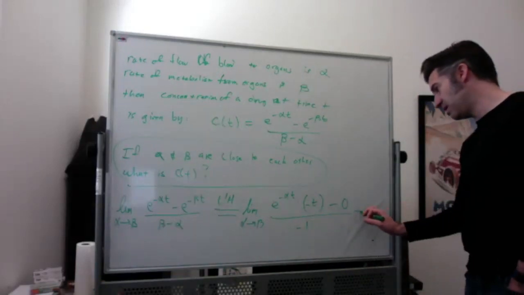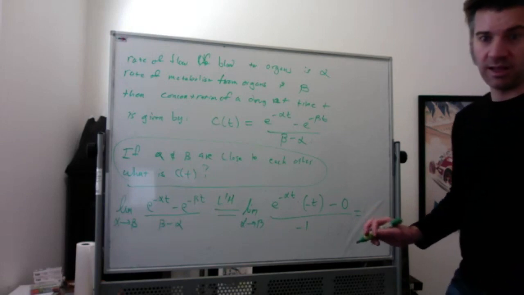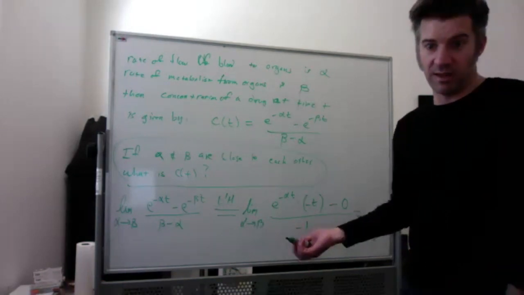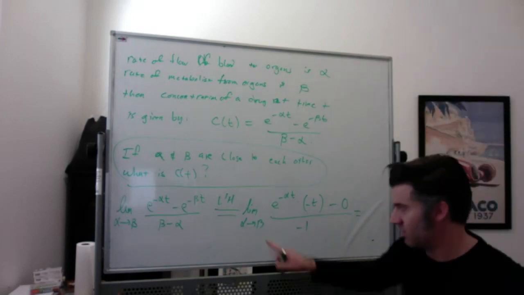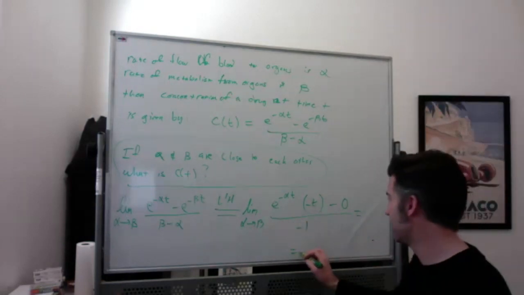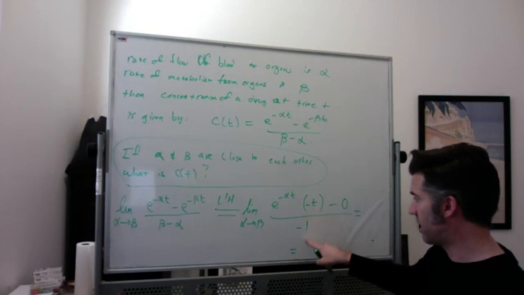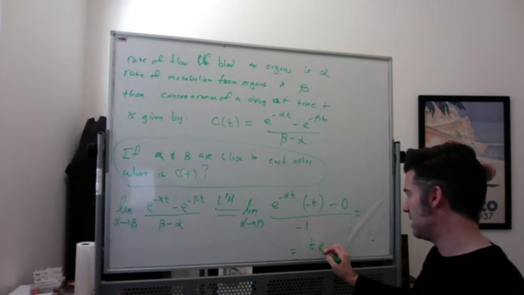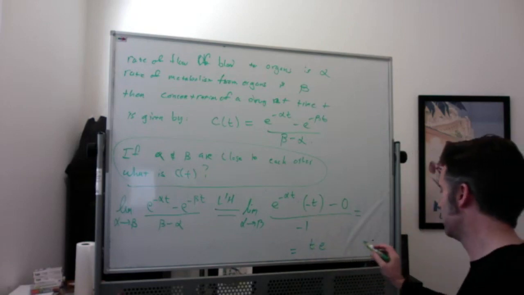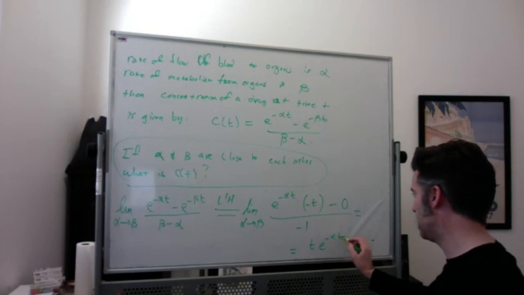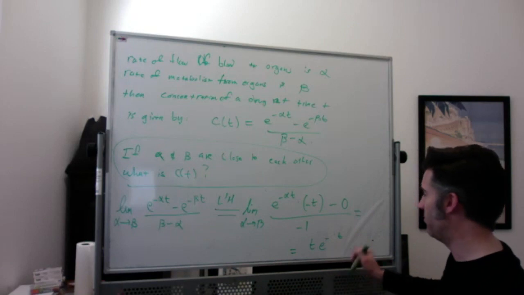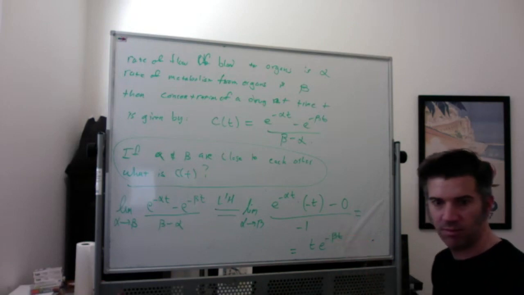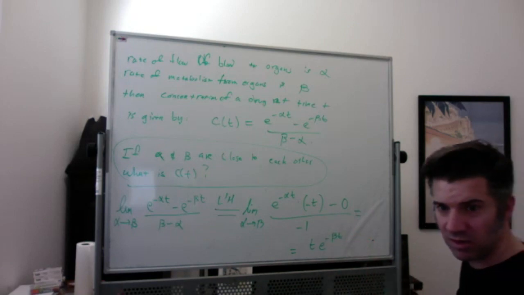So this ends up equaling, and now I can plug in alpha or beta. It doesn't really matter which way I do it. I guess I should plug in beta. Negatives cancel, so I get t e to the negative alpha t, or negative beta t, sorry. Again, it shouldn't really matter since alpha and beta are supposed to be the same. Kind of a strange question.